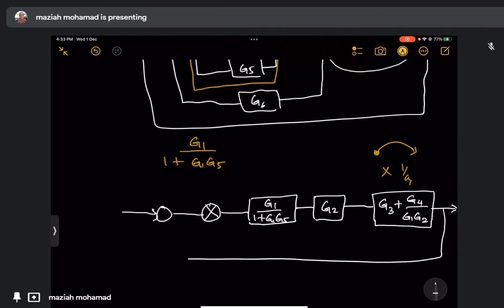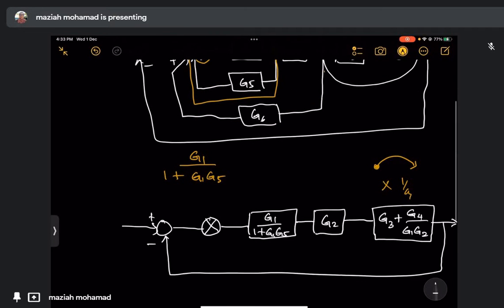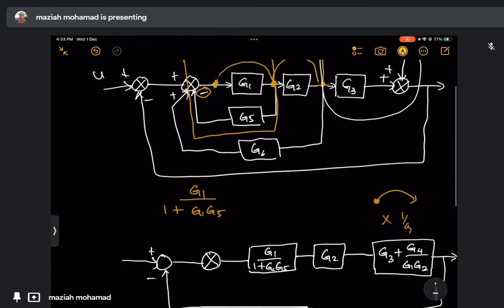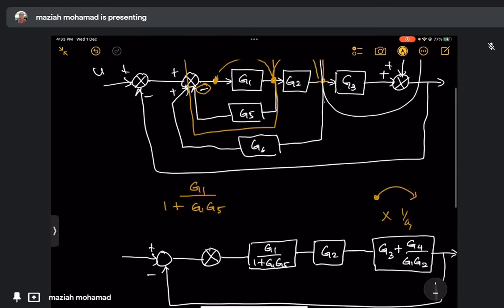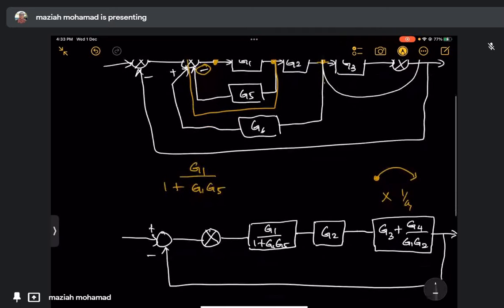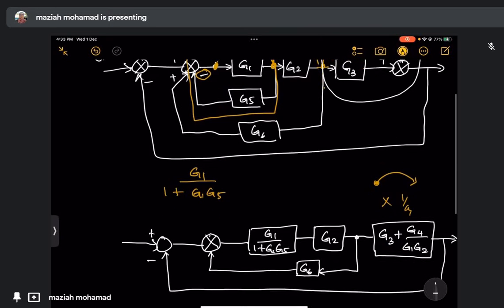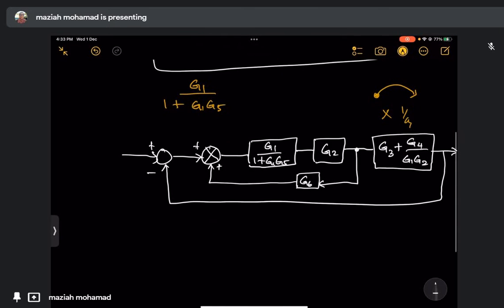So when we have this feedback here, plus minus, then we still have another one. It is after G2 here, G2, and we have G6. Okay, so it is plus plus, right?